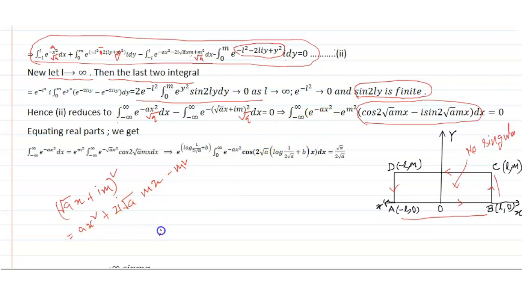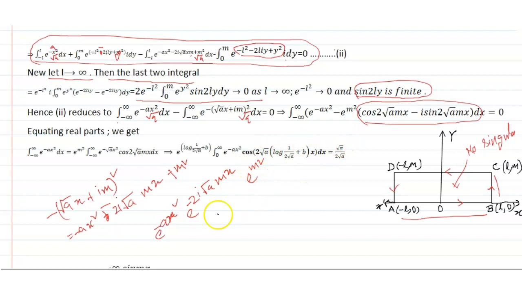So into e to the power minus ax square, into e to the power minus 2i root a m x, into e to the power m square. This is minus minus plus, because as minus is in here, it is also minus, so it is e to the power minus ax square; there is the minus in here, so it is plus, so e to the power m square.